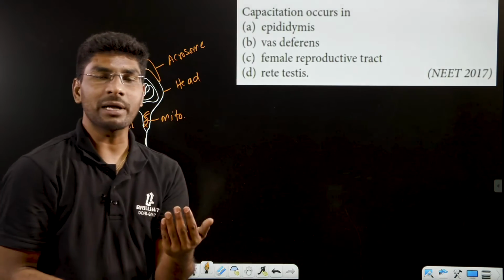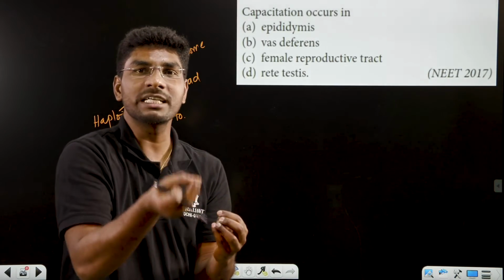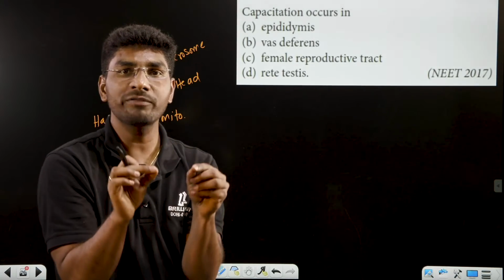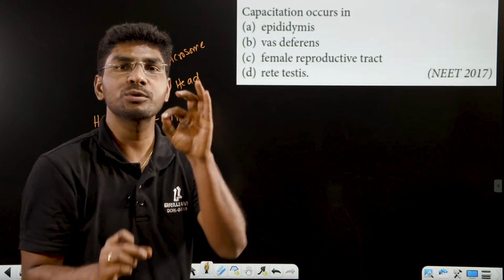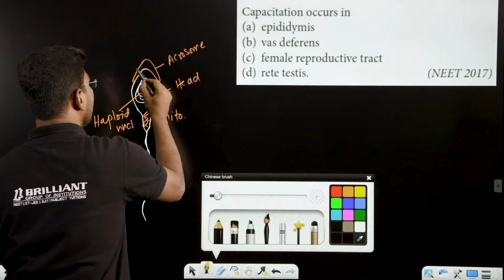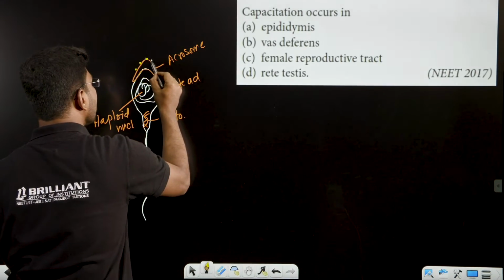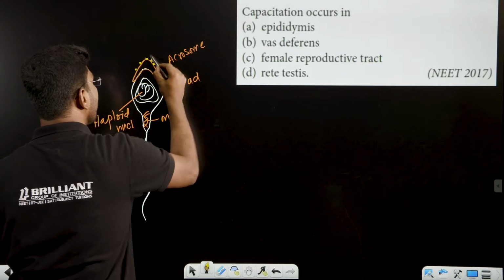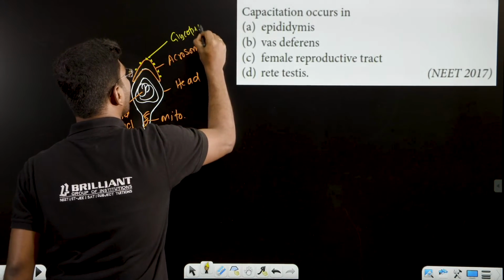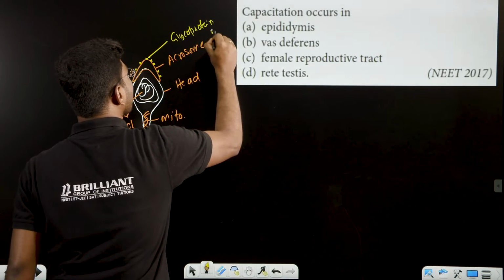What is the meaning of capacitation? Once sperms are deposited in the female genital tract, on the top of this acrosome, there are small glycoprotein molecules. Look at here, I am representing glycoprotein molecules present like this on the top of the sperm. These are glycoprotein molecules. Am I clear, students?